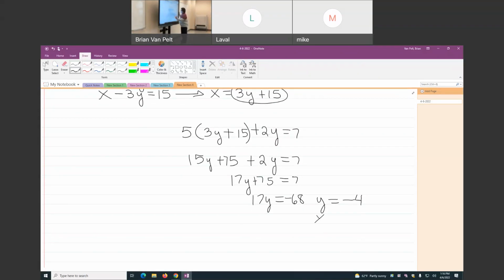So we had x was 3y plus 15. So I'll replace the y with -4. And that looks like I'm going to get x is equal to 3.